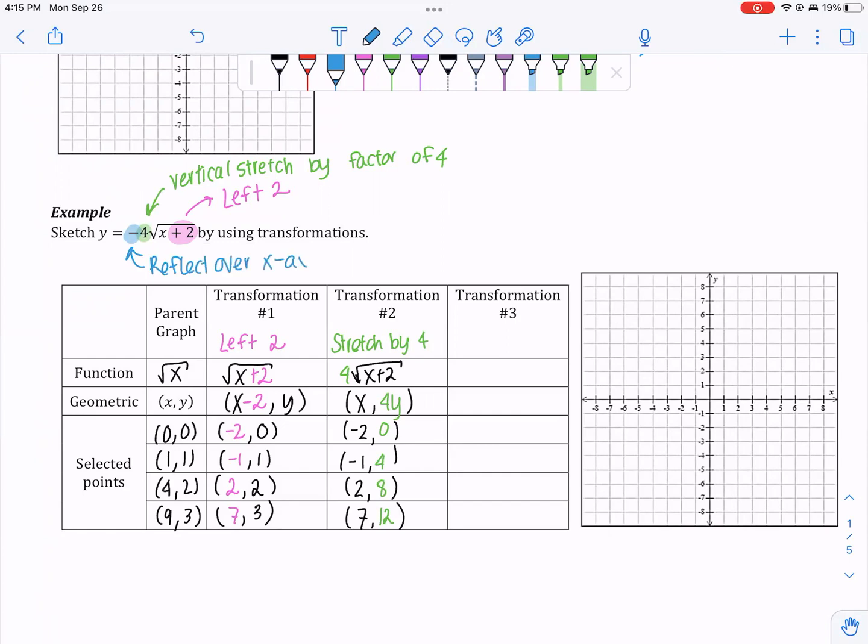This is also known as a vertical reflection. This is going to give us that negative out front.